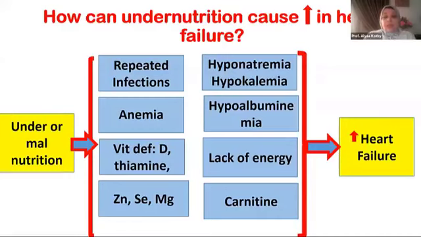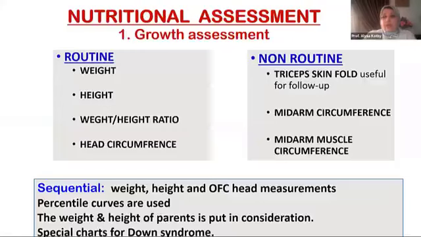Thiamine deficiency, zinc, selenium, and magnesium are very important for cardiac function, and so is carnitine. And moreover, lack of energy due to undernutrition will affect the amount of energy available for the increased demands, which leaves the muscles unable to work properly, with increase in the heart failure.